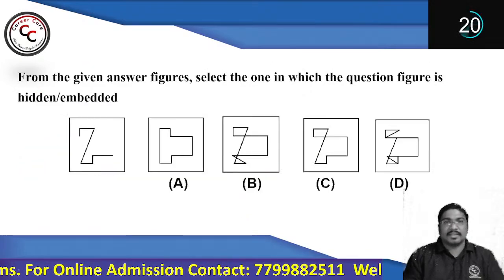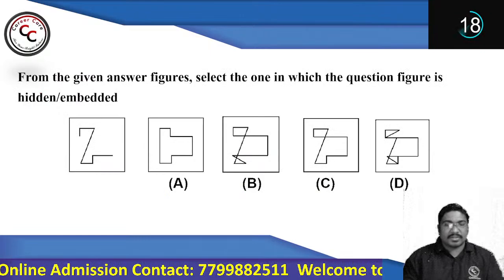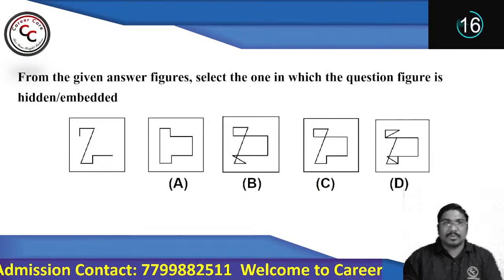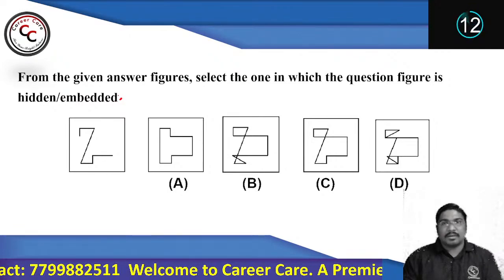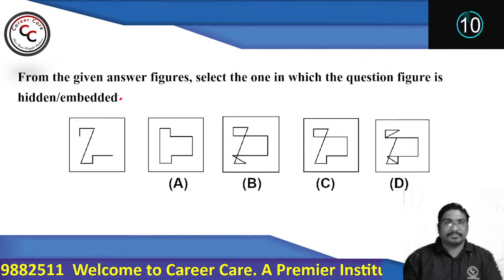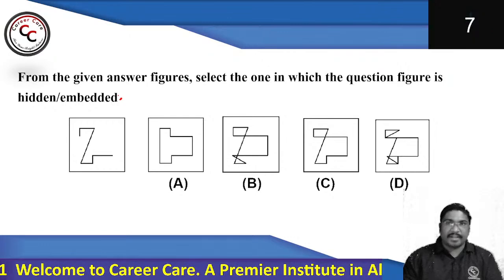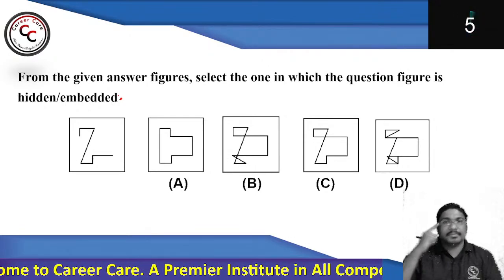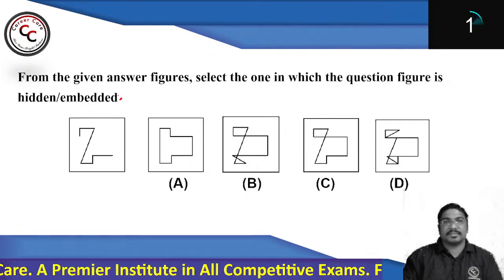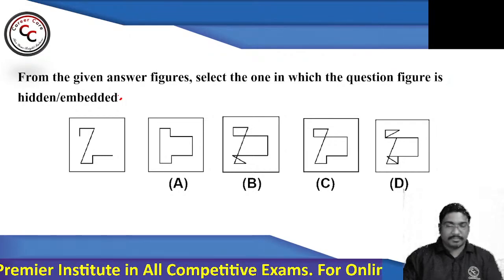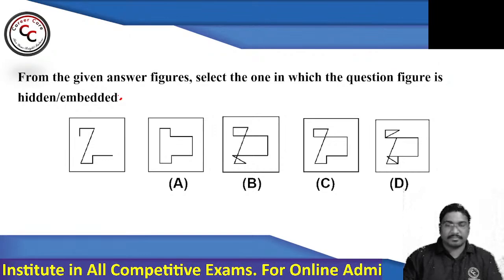Right? Yes. Now just go for the last question in today's session. Embedded figure, or hidden figure, you can say. So you can find this particular shape in which option? That's what the question says. So this is an easy question.